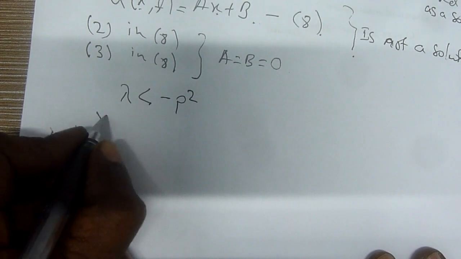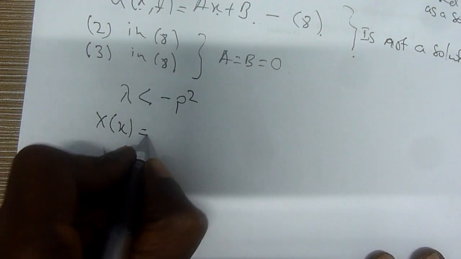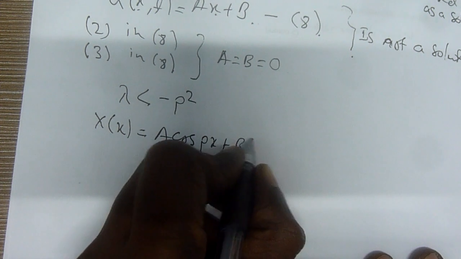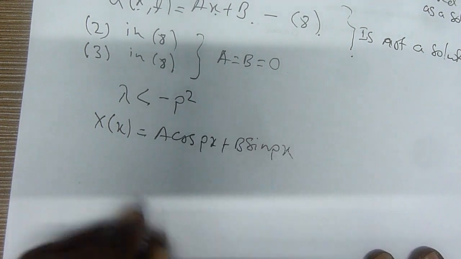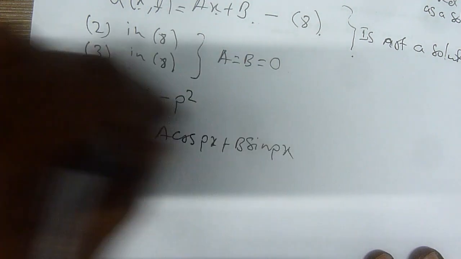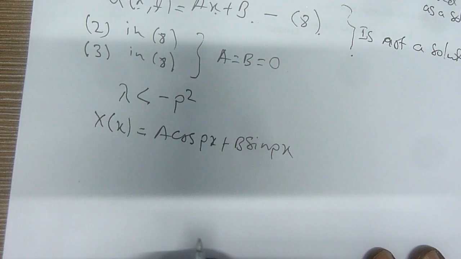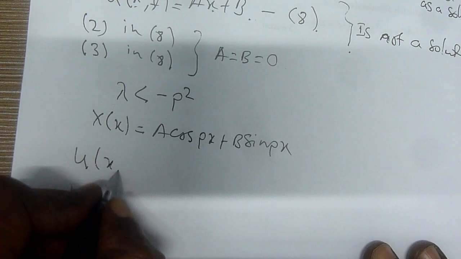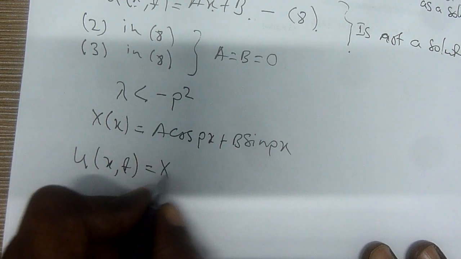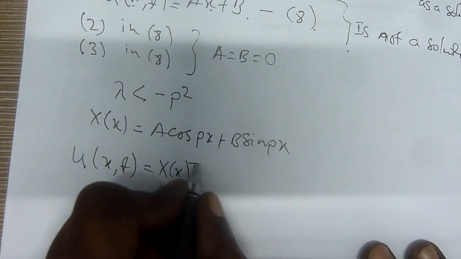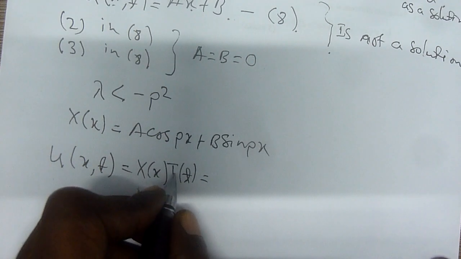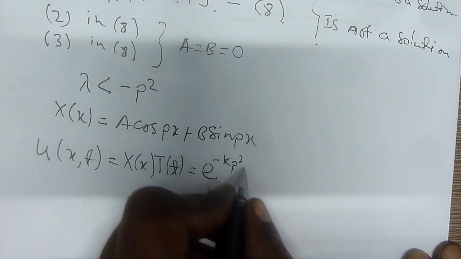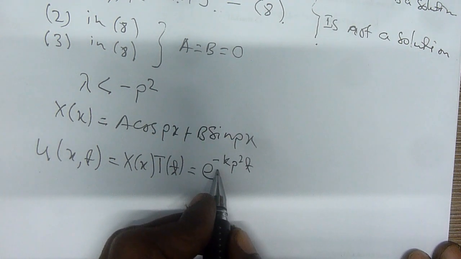Yes. I want you to know the X is always a cos px + b sin px. Learn to segregate the equation this way. It's easy for you to understand the whole process. Now I combine the X and T, which will give you again e^(-kp²t). Why do you get a negative here?